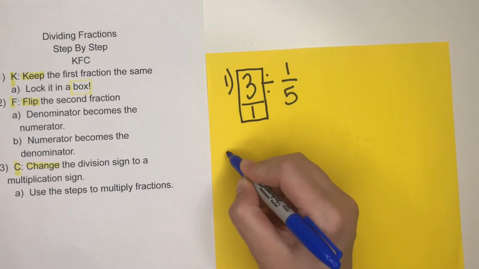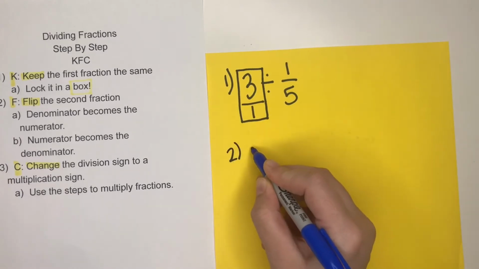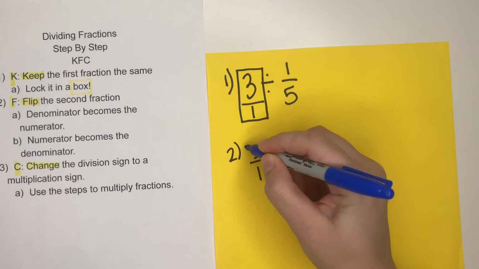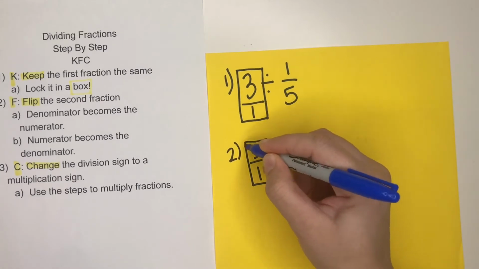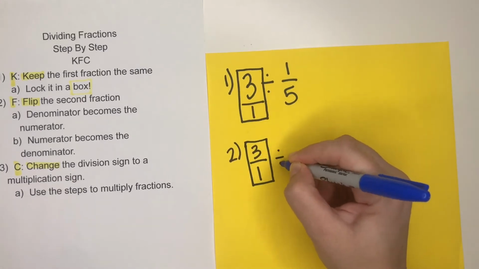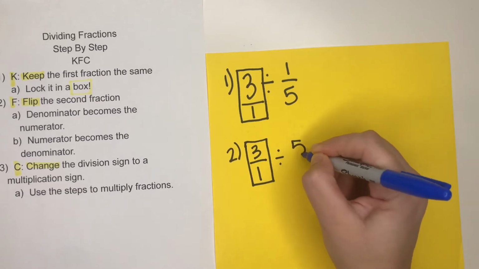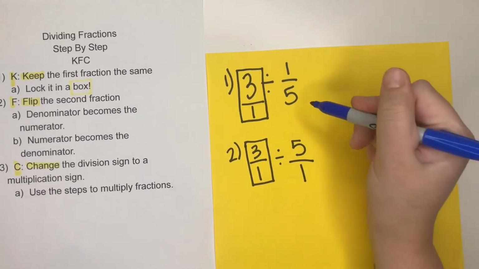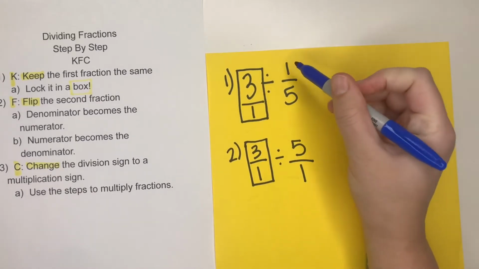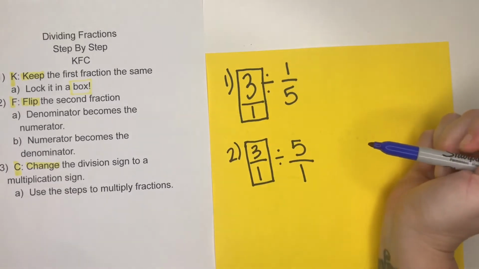So for the second part of our problem, I'm going to rewrite that fraction, put it back in its box, and I am going to flip the second fraction. My denominator becomes my numerator, and my numerator becomes my denominator.